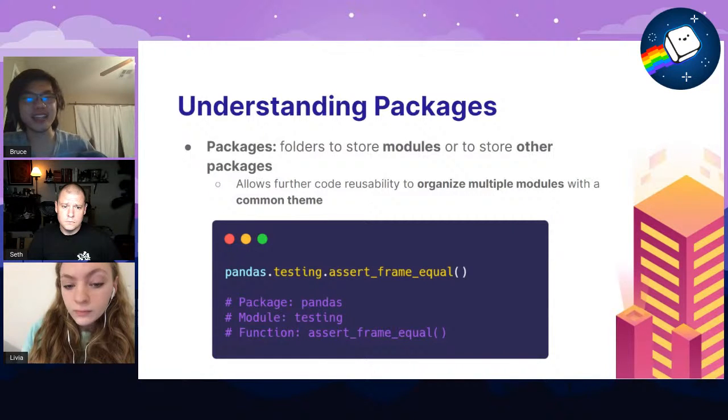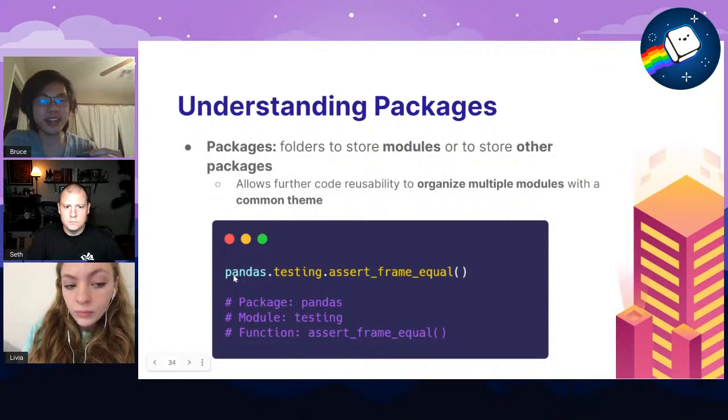Packages. Sometimes packages are really big, so there are sub packages or folders to store more packages within them. It's basically a way for us to organize our code and the code of different packages so that we can access it. Here's an example, right? Pandas is a big package that we're going to be working with.